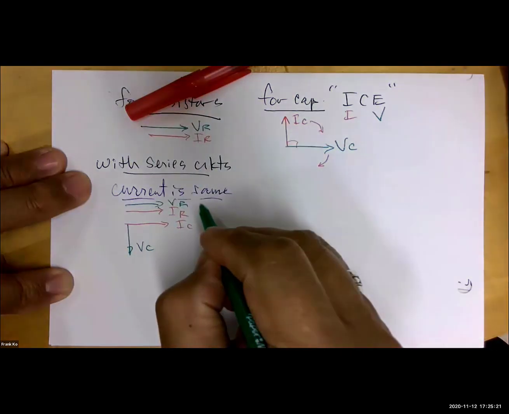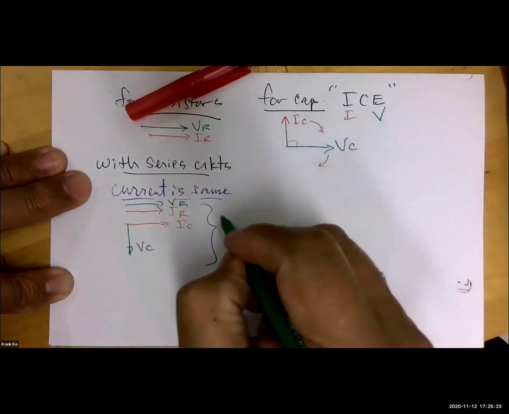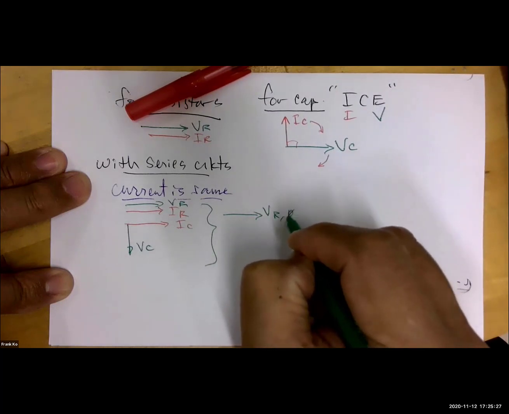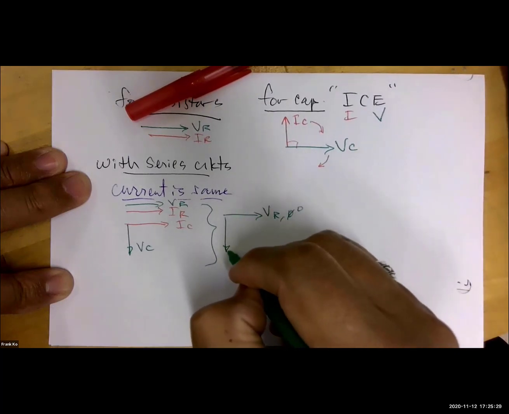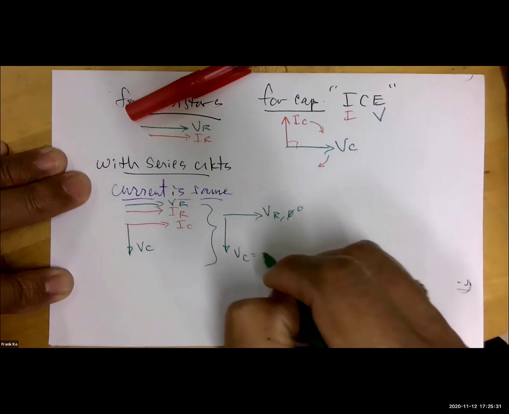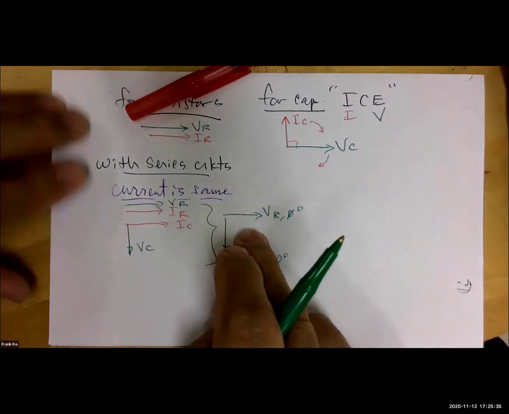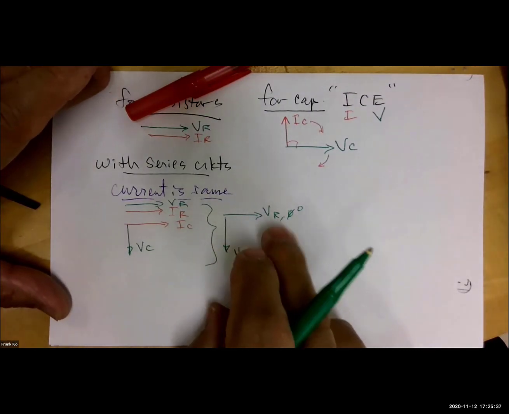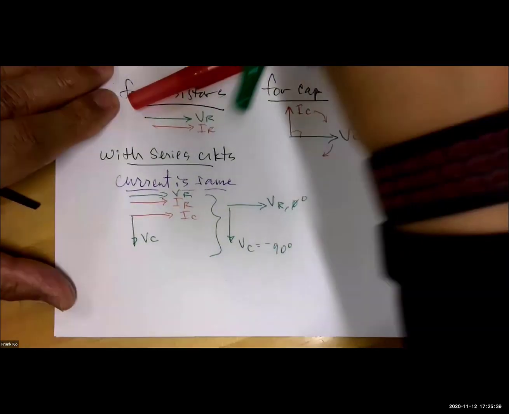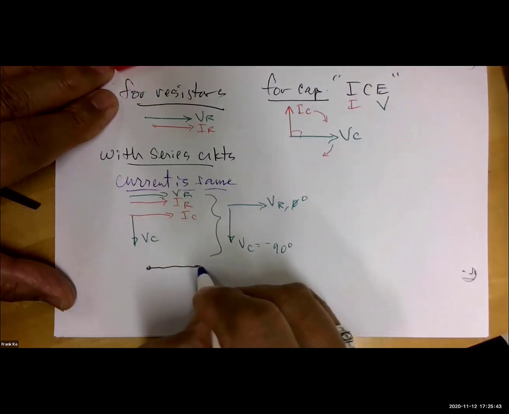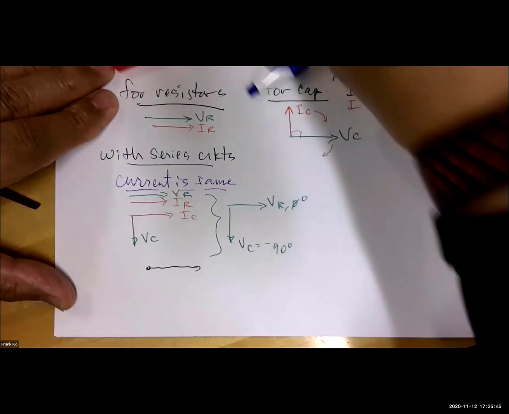What this leaves me with is VR is at 0 degrees, whereas my VC is at negative 90 degrees. When we put this together in the form of a Pythagorean triangle, we start with VR. So here's my VR. I'll do this in green.